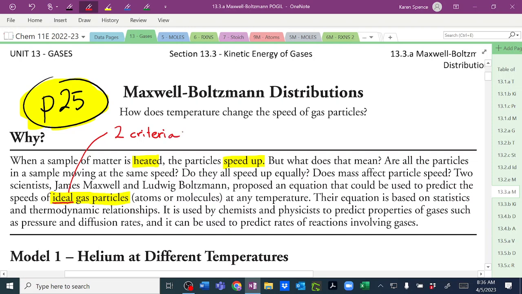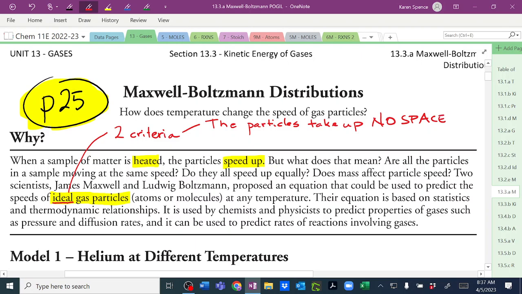And that is that the particles take up no space, which obviously is not true for anything, but the closer you can get to that, the more ideal the behavior will be. So the particles take up no space.